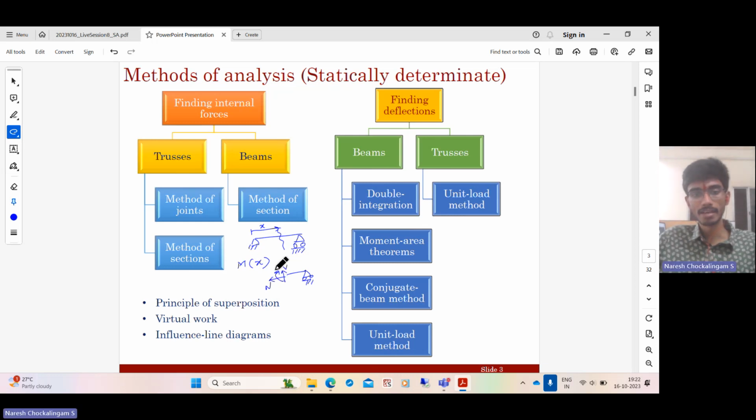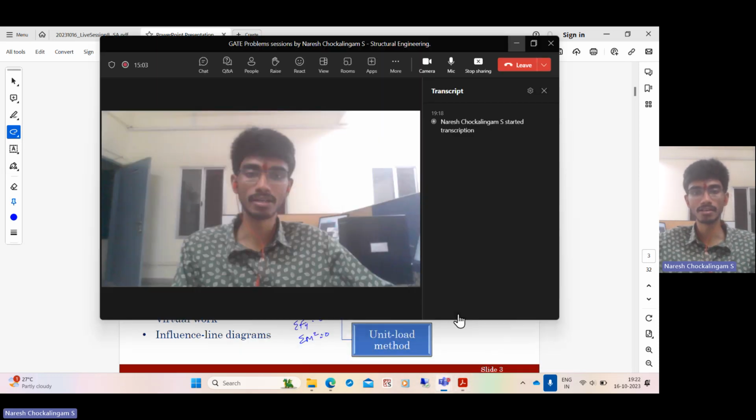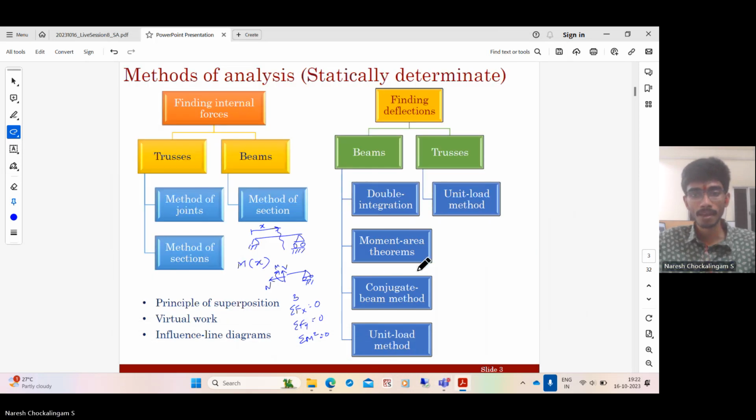These are called M, V, and N. And these three unknowns can be solved for by enforcing the three equations of equilibrium, which is sigma Fx equal to 0, sigma Fy equal to 0, and the sum of all moments about the z direction is equal to 0 for this part of the structure. So we can determine the bending moments and the shear force as a function of the coordinate on the beam.